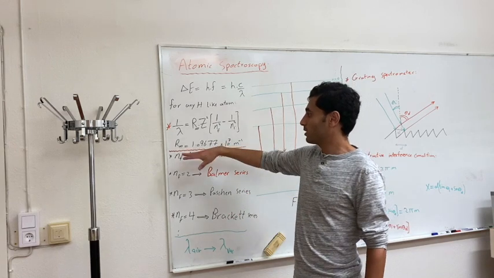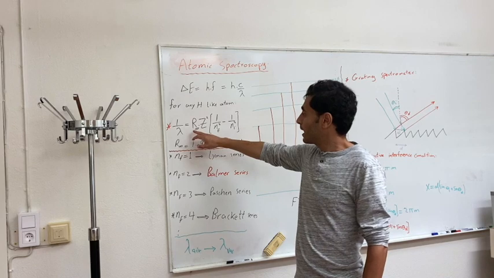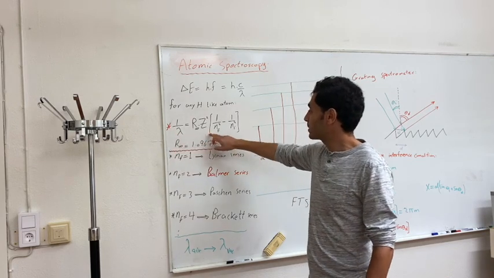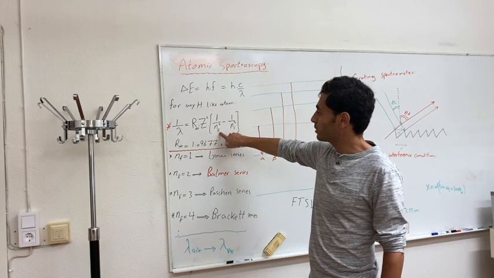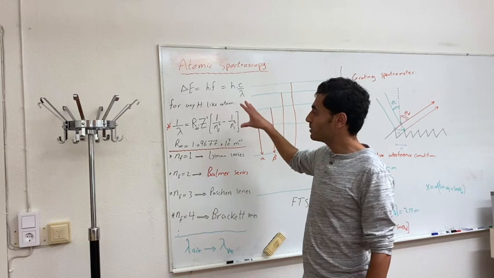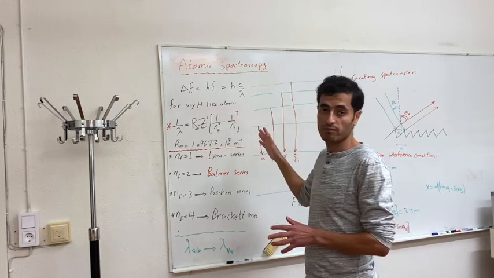And if we're looking at hydrogen, for example, the atomic number would be 1, and you will measure the wavelength. And knowing the wavelength, the atomic number, and the levels that we are talking about, you will be able to calculate the Rydberg constant. So that will be what we need to do in this part of the lab.